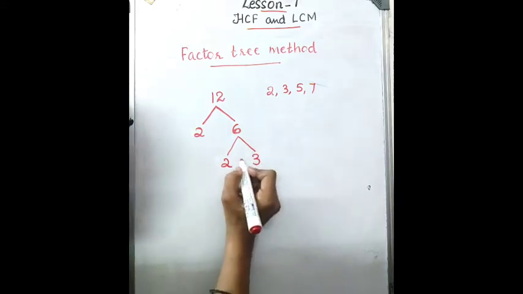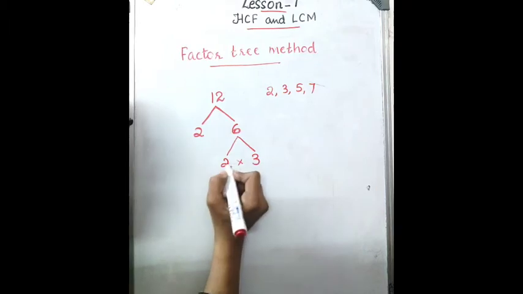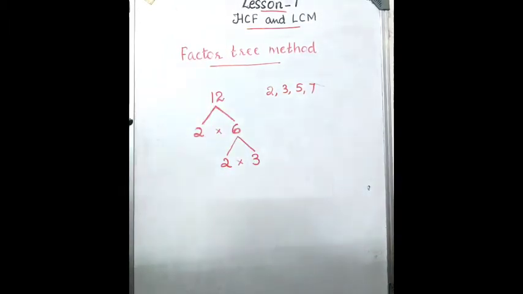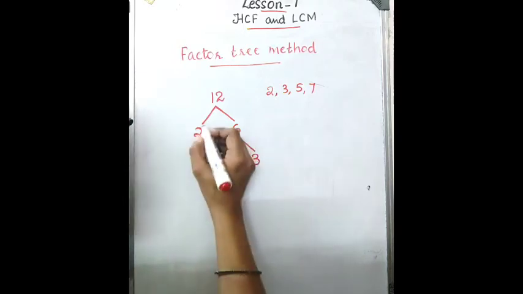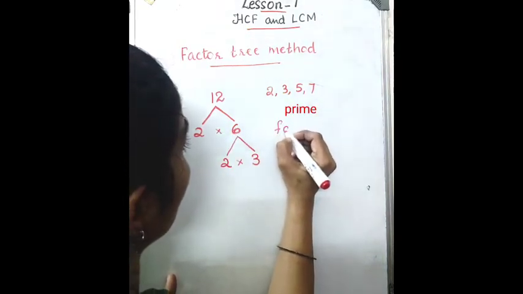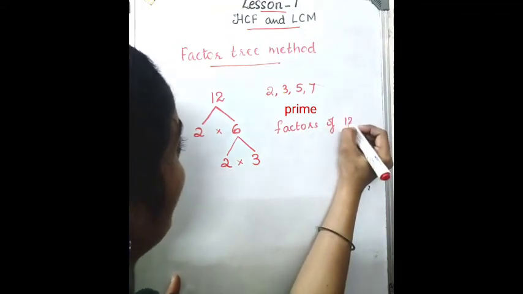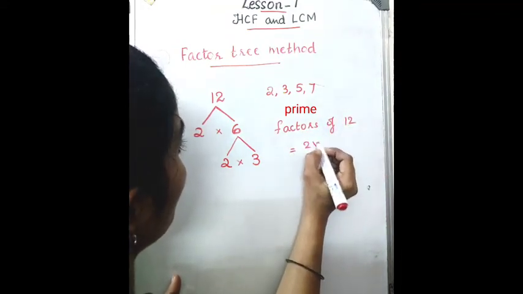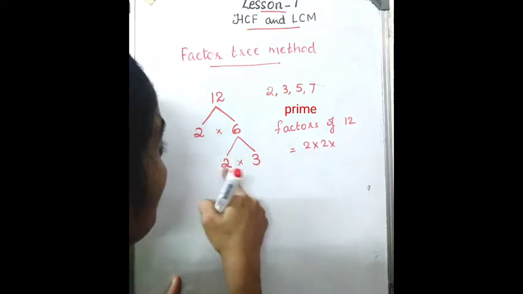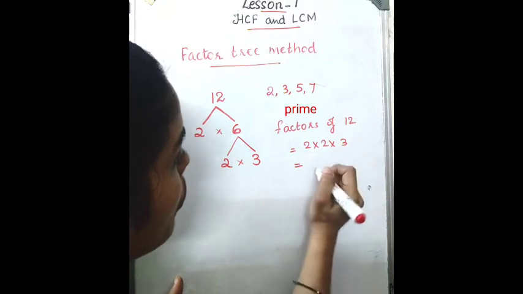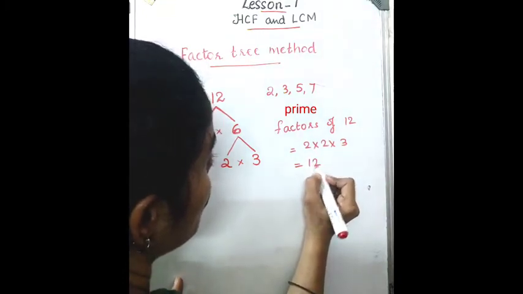So 2 into 3 equals 6, and 6 into 2 equals 12. This is the factor tree method. So the prime factors of 12 are 2 into 2 into 3. That means all these multiplied give 12.